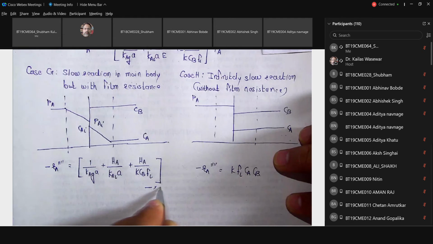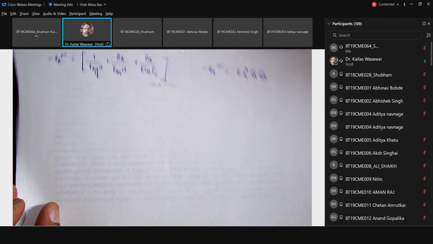Now the significance of the Hatta number, or we can say the role of the Hatta number.